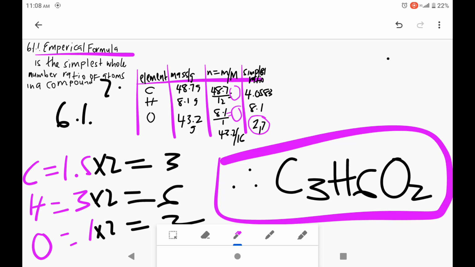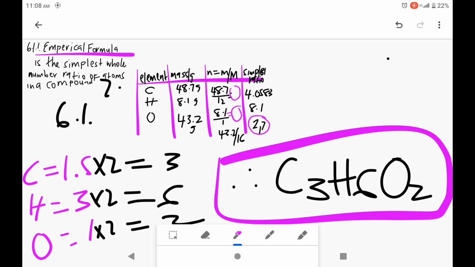After that you just calculate the number of moles, find the simplest whole number ratio, and divide by the smallest number, for carbon, hydrogen, nitrogen, and oxygen. Then you get the ratio, and that becomes our empirical formula.